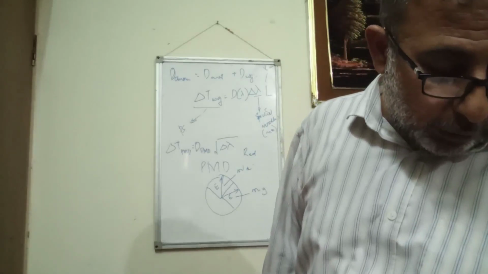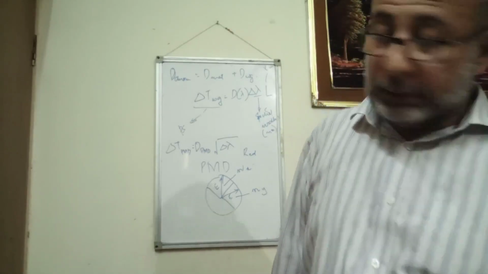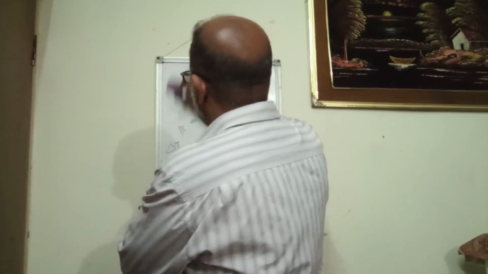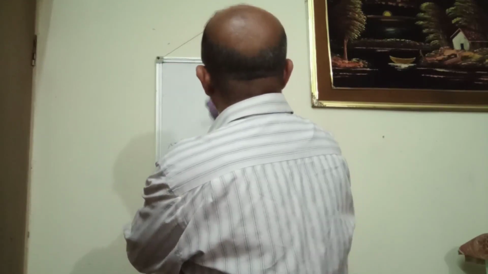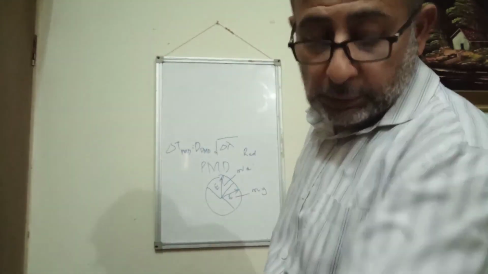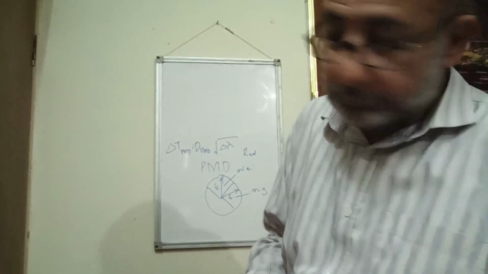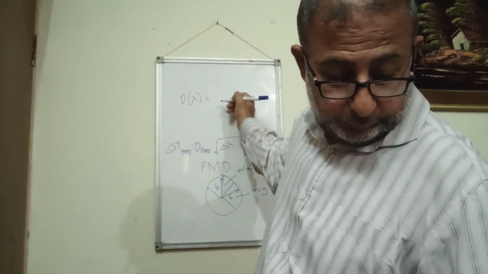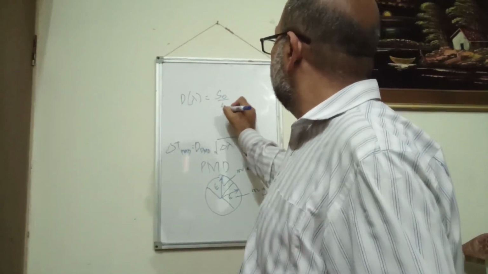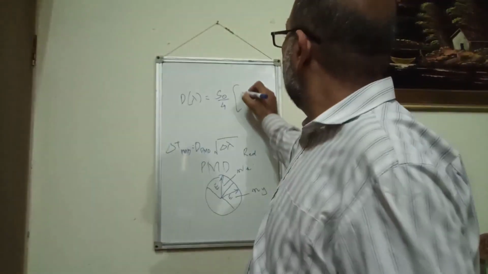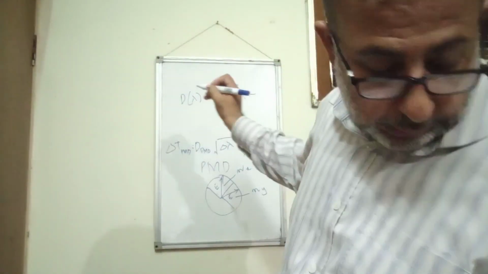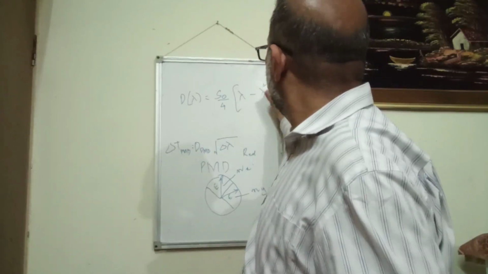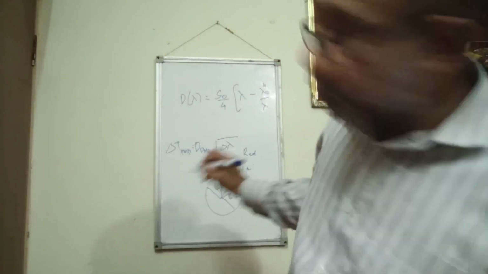If we see, the total chromatic dispersion can also be defined in terms of another formula, which is D of lambda is equal to S naught over 4 into lambda minus lambda naught power 4 divided by lambda cube.